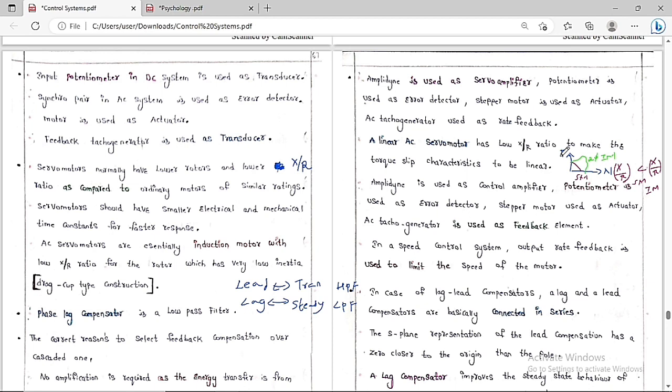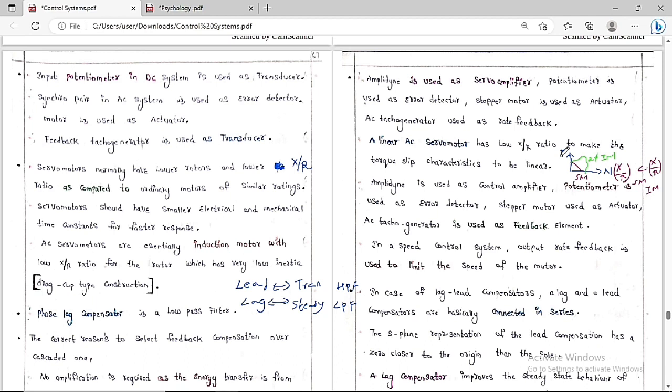So finally I can say a linear AC servo motor has the lower X/R ratio in order to make the torque speed or torque slip characteristics linear.